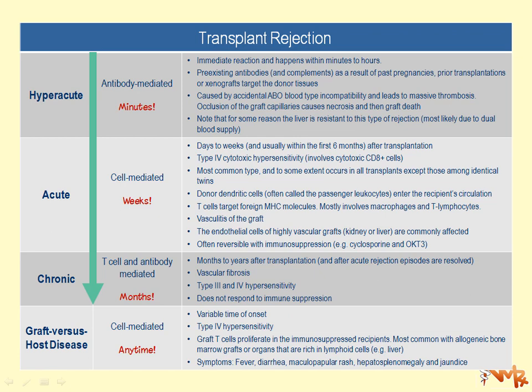This is very common with allogeneic bone marrow grafts or organs that are rich in lymphoid cells, such as liver. Symptoms of graft versus host disease include fever, diarrhea, maculopapular rash, hepatosplenomegaly, and jaundice.